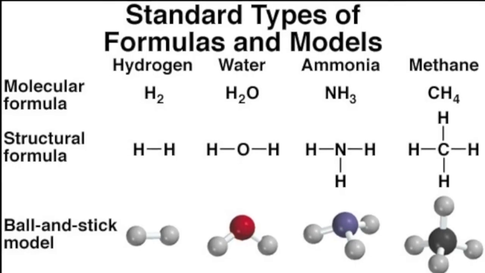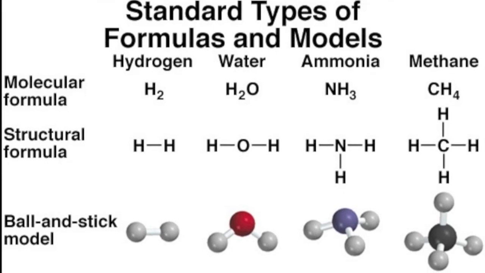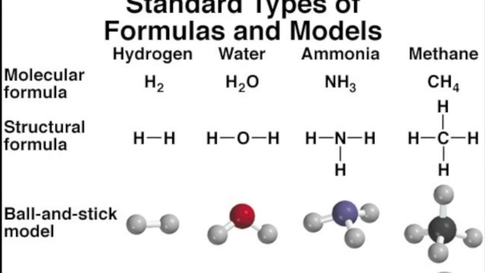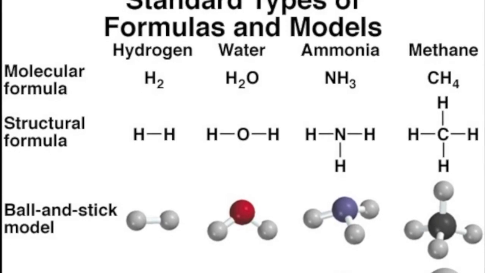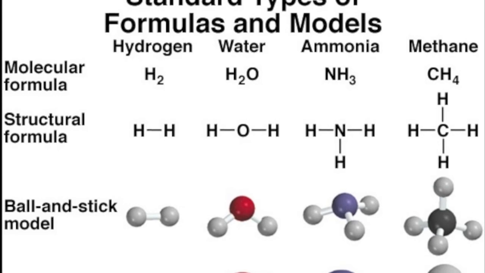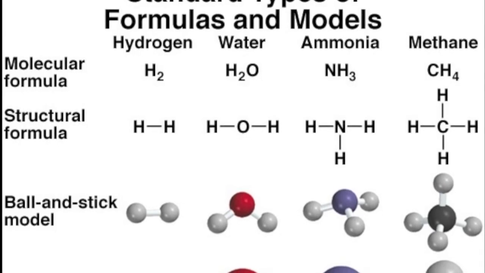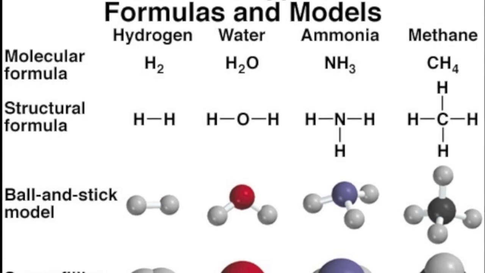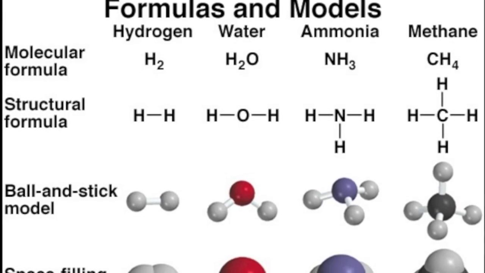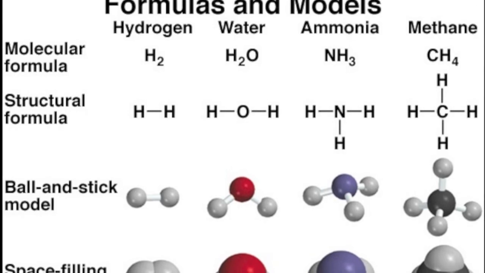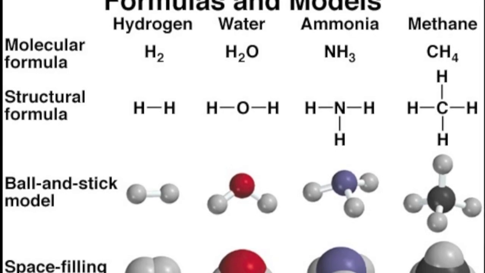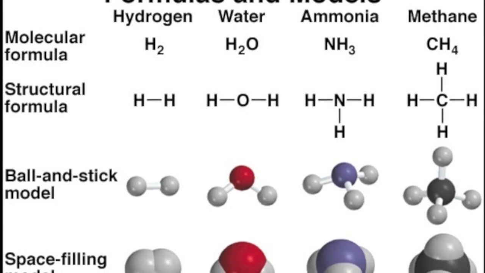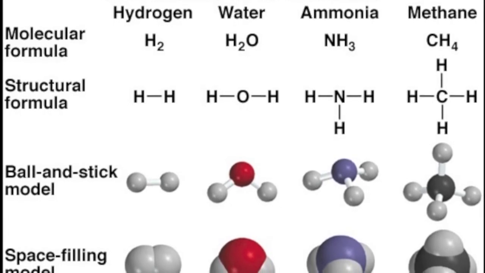And we're going to represent these. We've always written the molecular formulas as they are here, which shows just a shorthand notation of the number of atoms that are present and in what order. An example of the structural formula is H2, a hydrogen bound to another hydrogen. For H2O, we have an oxygen in the middle surrounded by 2 hydrogens. In the lab, we might use a model system, a three-dimensional model called the ball and stick, where the atoms themselves are represented by balls and the bonds between them are represented by sticks.